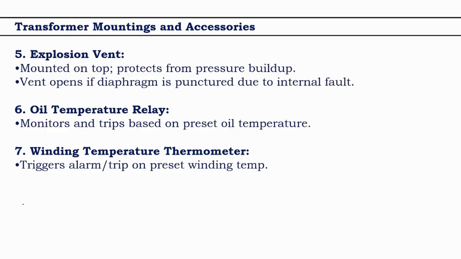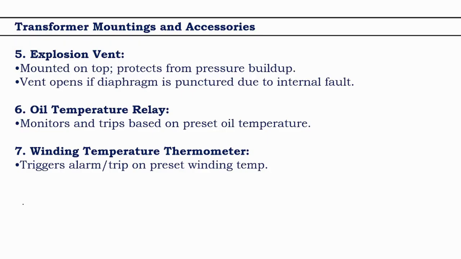And the explosion vent. The explosion vent is mounted on the main tank and has a diaphragm inside, which is used during faulty conditions. If any short circuit occurs inside the transformer, enormous heat will be produced in the winding.